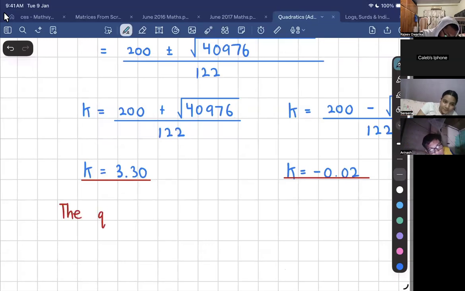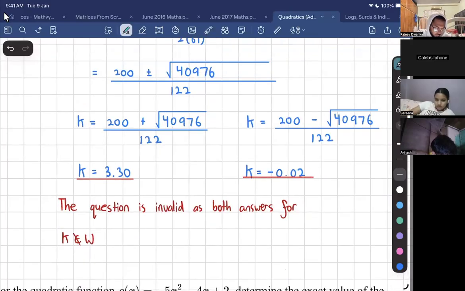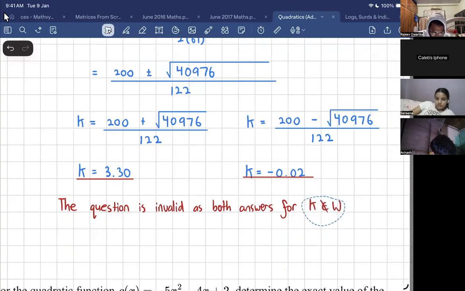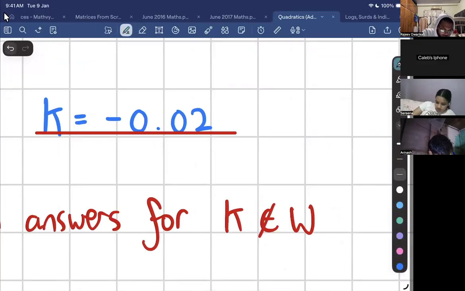The question is invalid as both answers for K are not elements of whole numbers. Wait, you're writing not an element symbol. Yeah, like that.